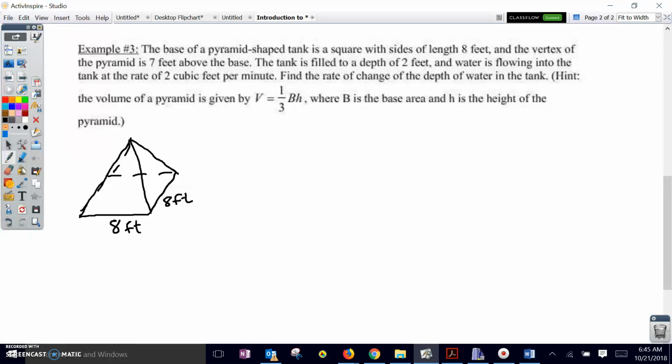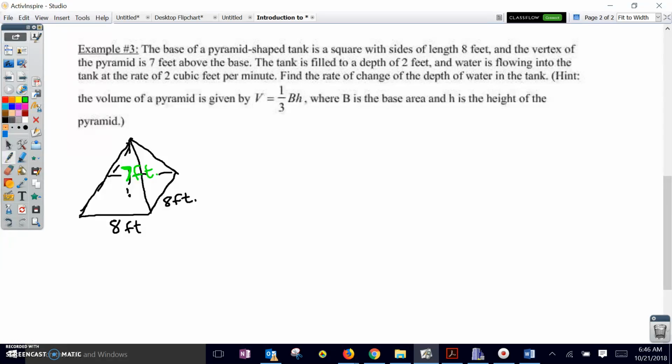I'm going to label those on a diagram because the tank doesn't change, so those values are going to remain constant throughout. And that the vertex is 7 feet above the base. So that measurement there is 7 feet.